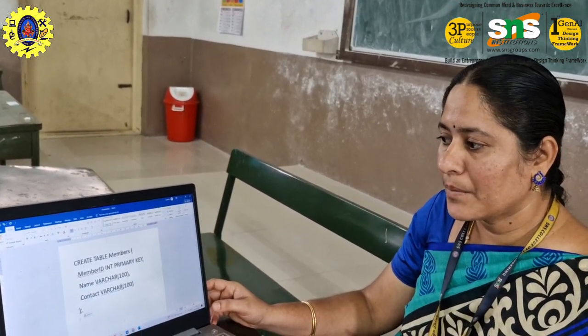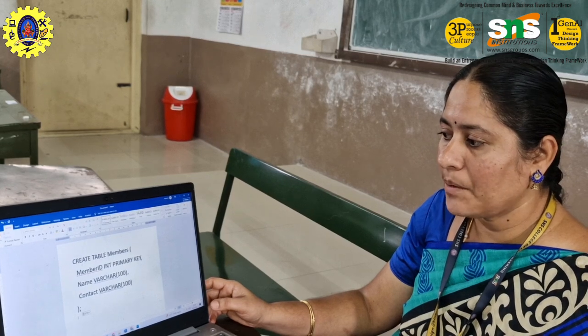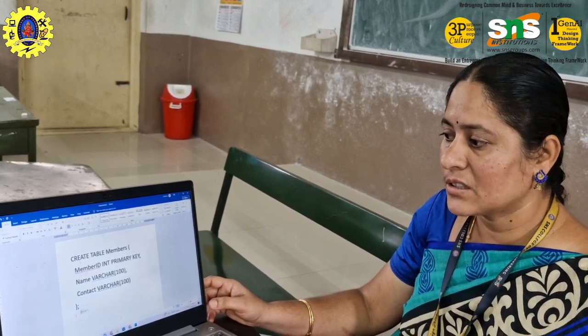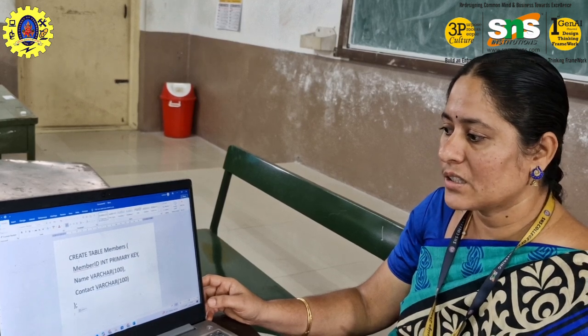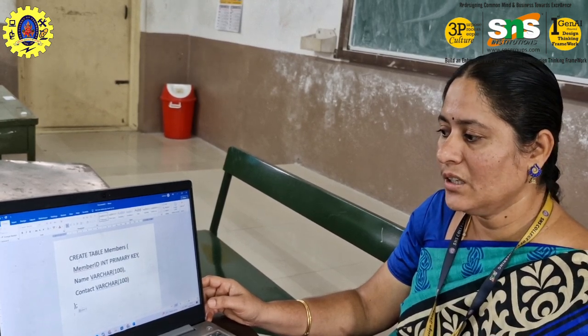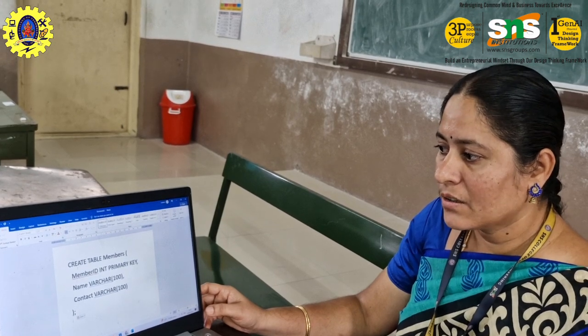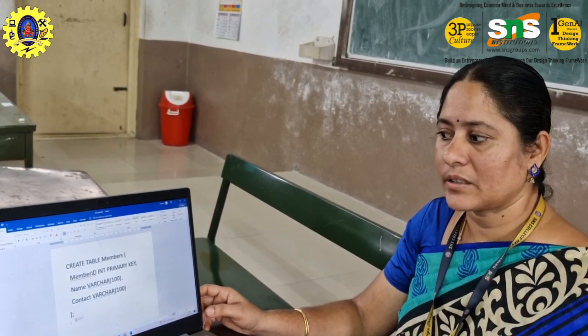Name is a column name, varchar is the data type, 100 is the size. The next one is contact. This is the column name, varchar is the data type, 100 denotes the size. Here we are storing member ID, name and contact. Is there no link between the members and the books, ma'am?